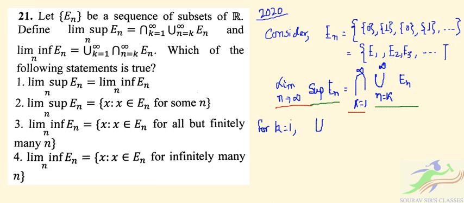union of n equal to 1 to infinity En. So this n equal to 1 we put over here, and it will look the same, 1, 0, 1.